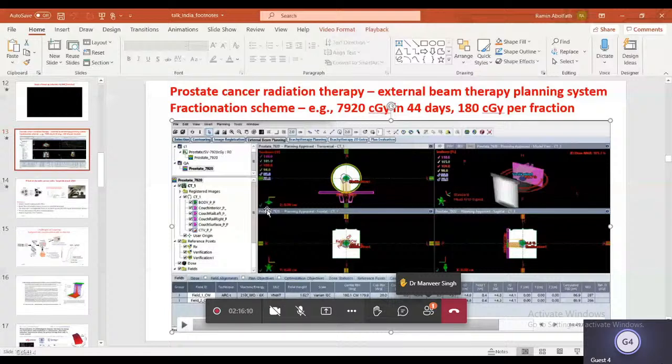So this is a measurement which verifies or validates the calculation for the patient. Did I answer your question? So for each patient we do this measurement and validation.